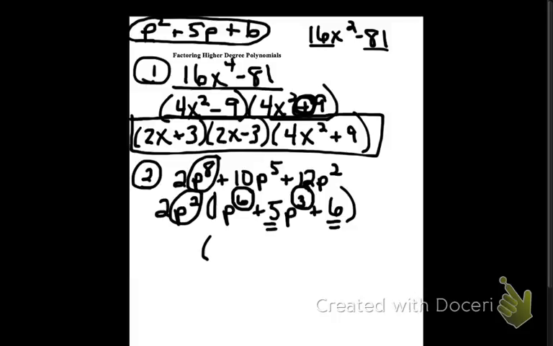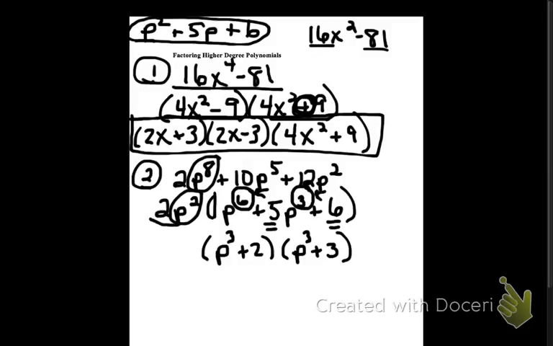So whereas before we would say p plus 2 and p plus 3, I can't quite do that because that's not going to give me the exponents I need. So instead of p plus 2 and p plus 3, it's going to be p cubed plus 2 and p cubed plus 3.